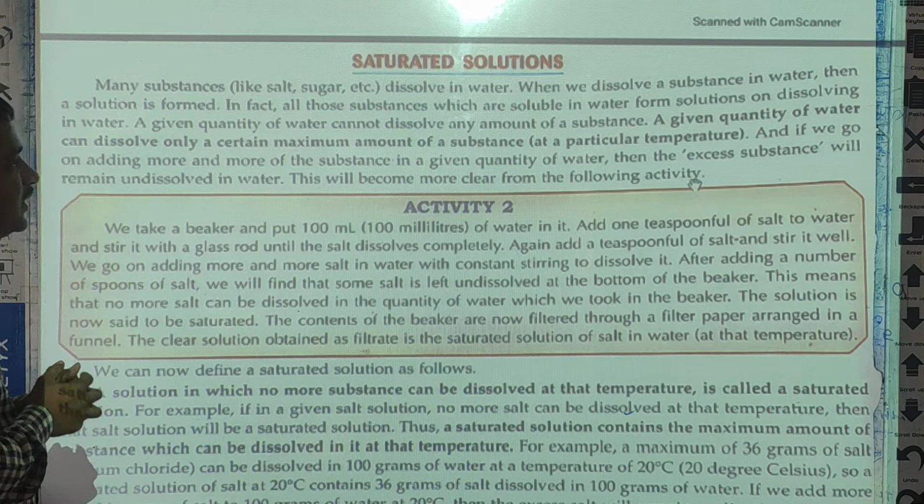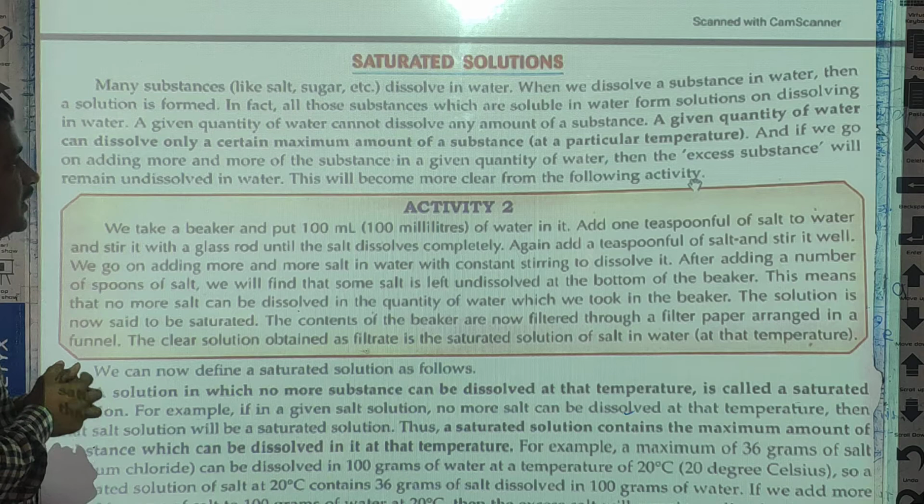Now here one chart is given. With the help of the chart you can see one more thing. The solubility of different substances in water is different. Here the solubility of copper sulfate is given, then potassium nitrate, sodium chloride and sugar.